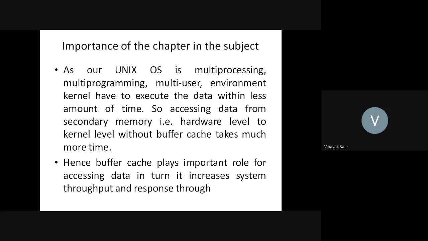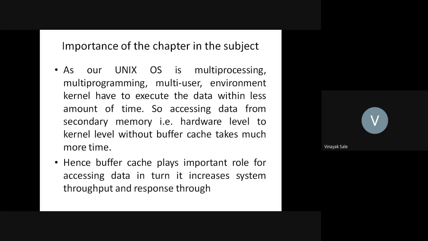What is the importance of this chapter in your syllabus? As our Unix operating system is a multi-programming, multi-processing, multi-user environment, the kernel has to execute within a small amount of time. Accessing data from secondary memory, from hardware level to kernel level, without buffer cache takes much more time.